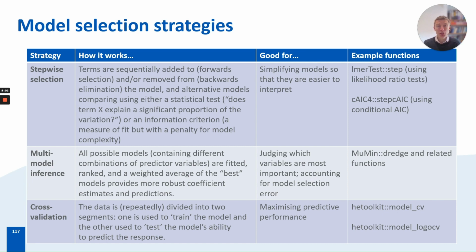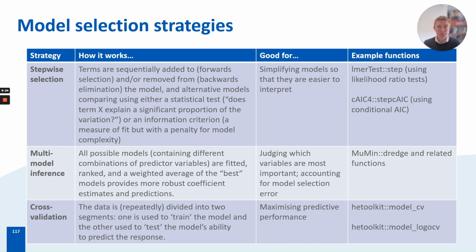Multi-model inference also gives us an insight into the additional uncertainty that arises from the model selection process. And by averaging results across a small set of best models rather than focusing on identifying a single best model, that gives us a way of averaging out some of that model selection error.